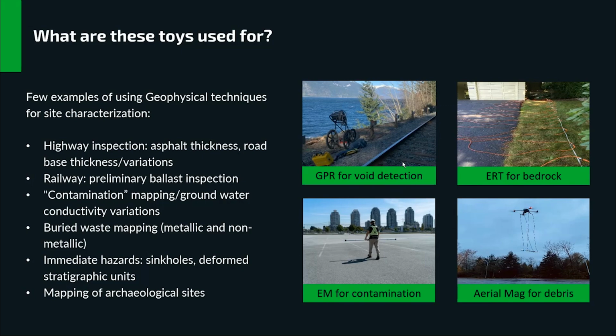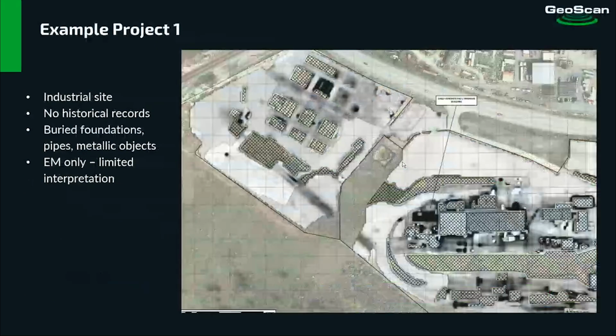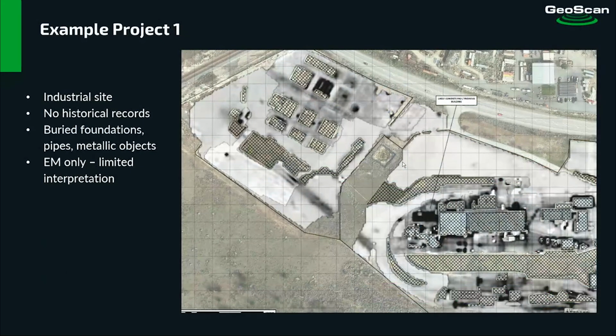There will be two examples. Example number one is a single method, so our interpretation was limited. We used the electromagnetic method, two types of electromagnetic methods. So we had some depth information, and we were looking for buried foundations, pipes, anything that's metallic and large. So this is exactly what you see on the picture.